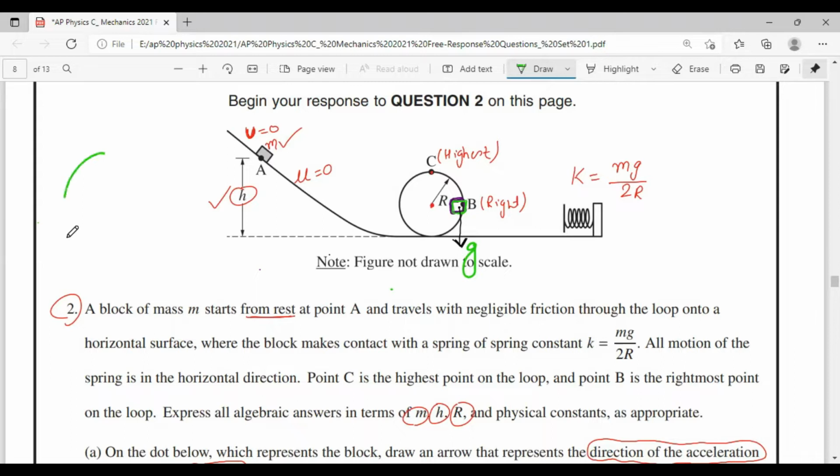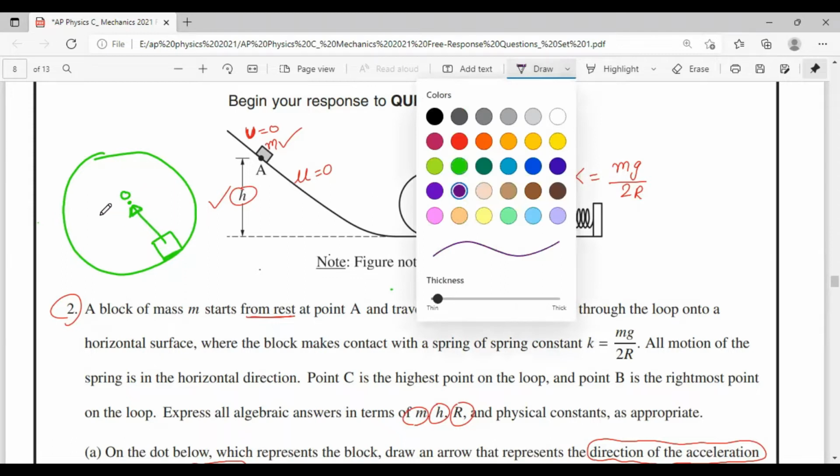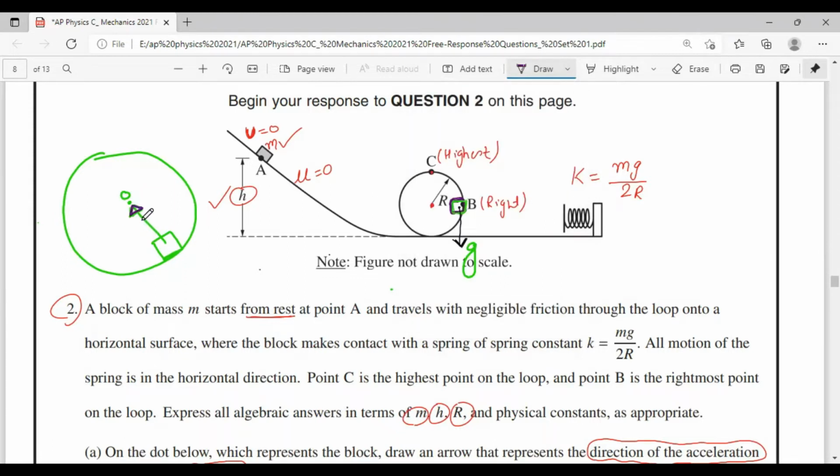Friends, as we know, in any kind of circular motion, either horizontal circular motion or vertical circular motion, there will always be an acceleration towards the center. There is no circular motion in which centripetal acceleration will be 0. For any circular motion, there must be a centripetal acceleration towards the center, always.